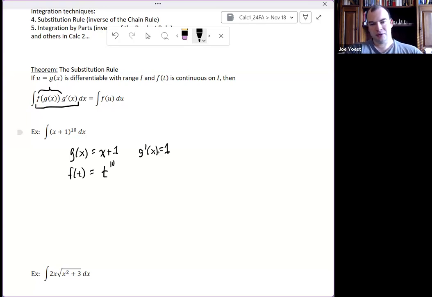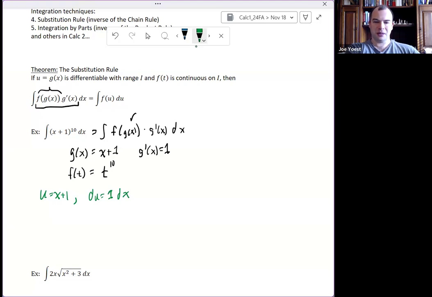So I see that this integral is indeed the integral of f of g of x, that's (x plus 1) to the 10th, times g prime of x, which is just 1, dx. Now, typically the way I would write this is u equals x plus 1, and then du equals 1 dx. Remember differentials from a couple of chapters ago? We think of this as a differential.